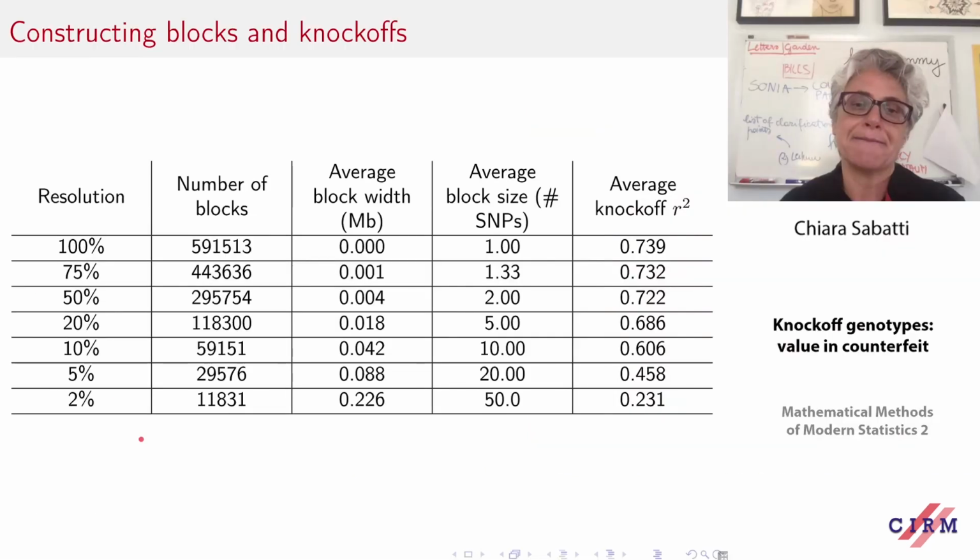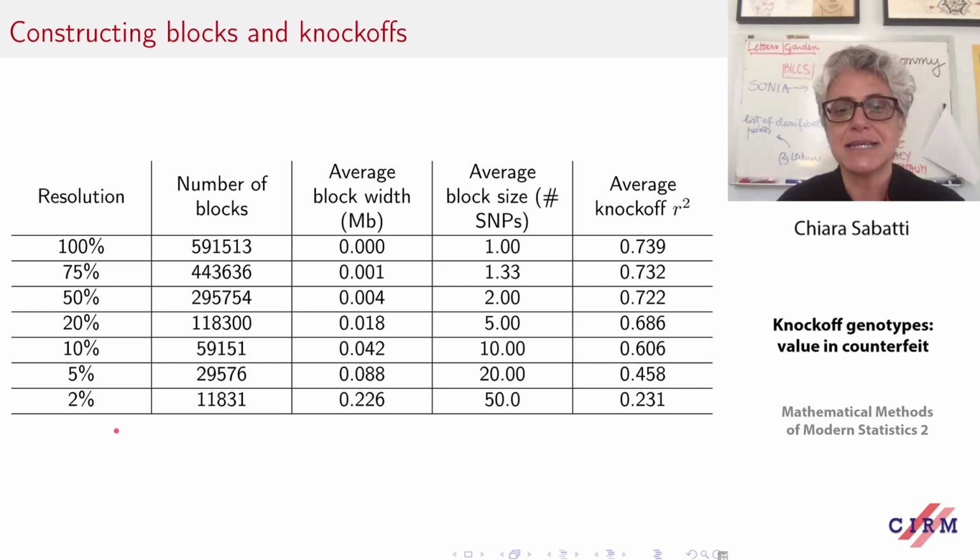Here is a sense of what these different resolutions are that we construct. Resolution 100% means that you have one SNP per block, so you are using the full level of resolution that you could get. This means that we're going to have 600,000 blocks, and the average block width in megabases is 0 because each block is represented by one SNP only.